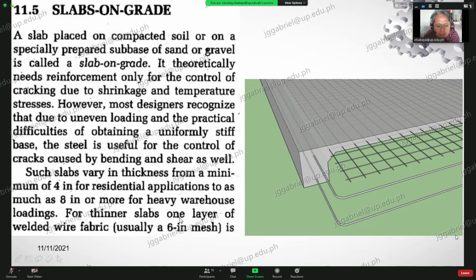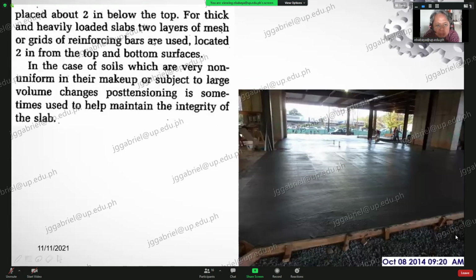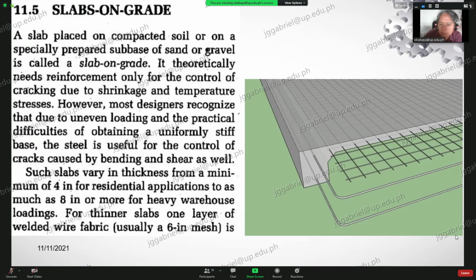For thinner slabs, it says one layer of welded wire fabric is placed about 2 inches below the top. 2 inches below the top, we are referring to yung from the surface from up to here. No? Okay, that's where the mesh is placed.